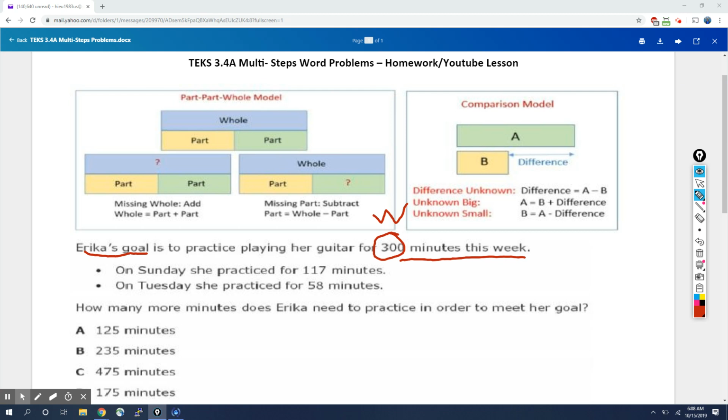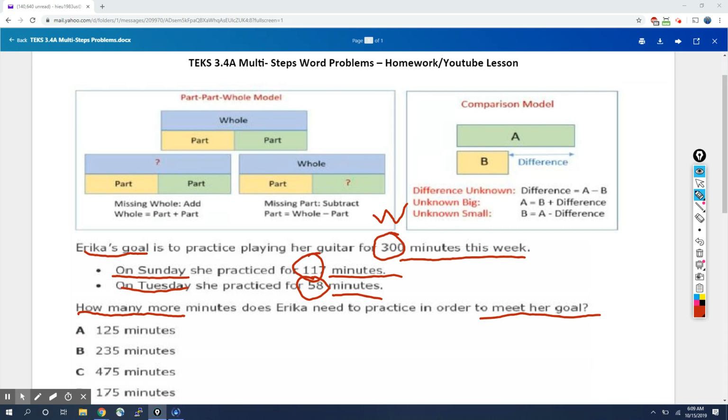On Sunday, she practiced 117. On Tuesday, she practiced 58 minutes. And they want to see how many more she needs to practice in order to meet her goal. So it looks like this: she needs to practice 3 different days to meet her goal of 300.